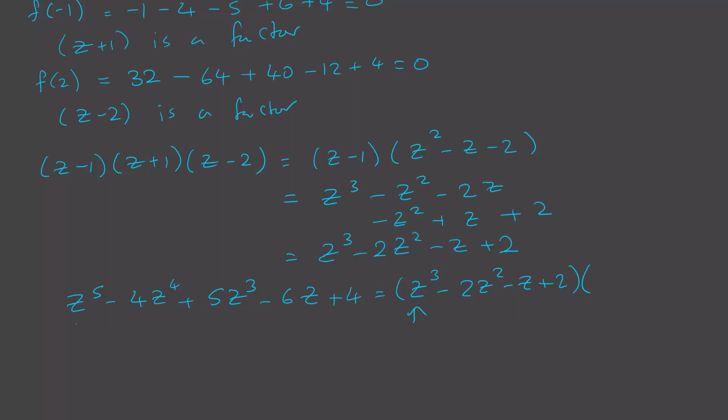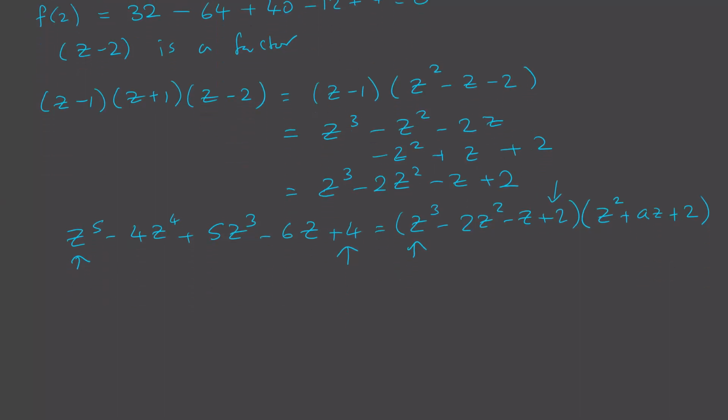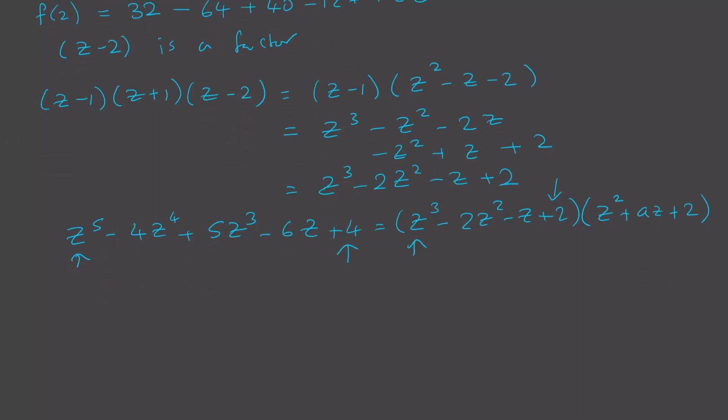With a z cubed here and a z to the 5 there, it must start with z squared. With a plus 4 here and a plus 2 here, it must finish with plus 2, and we're not sure what goes in the middle. But we could use coefficients of, say, z to the 4 to find out. So here, the coefficient of z to the 4 is negative 4. What's going to give me a z to the 4 on the other side?